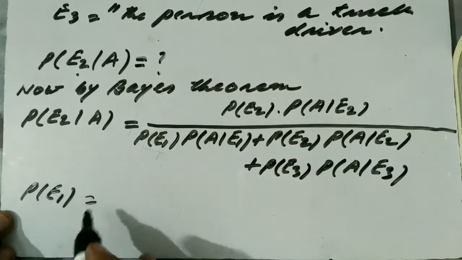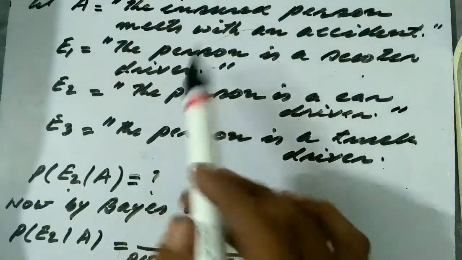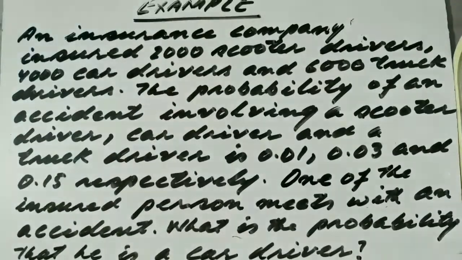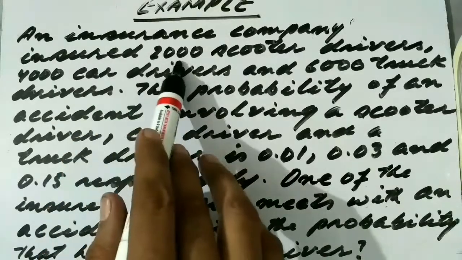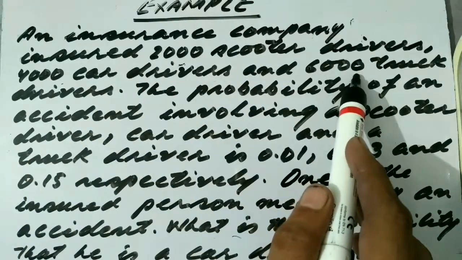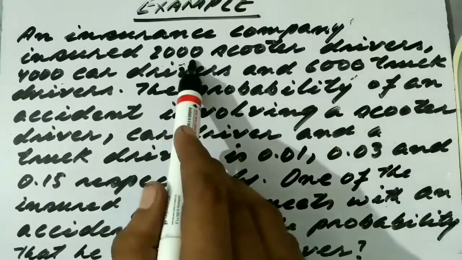So first we need to find out P(E1), and according to our assumption, E1 is the event that the person is a scooter driver. First, we have to see in the problem where the suitable information is. As it is given, the insurance company insured 2,000 scooter drivers. That means there are 2,000 scooter drivers out of 12,000 insured persons, that is 2,000 plus 4,000 plus 6,000.